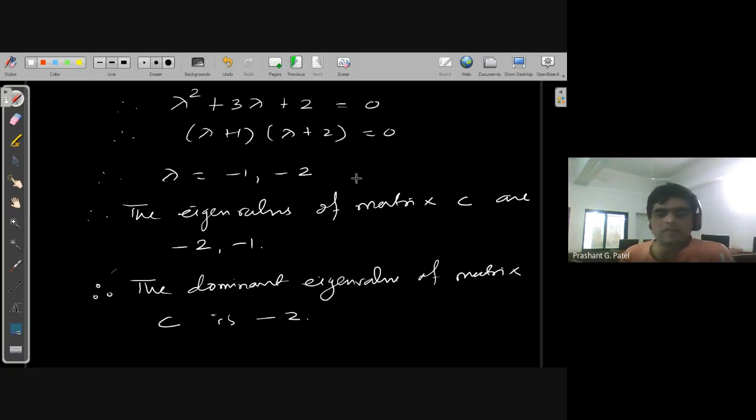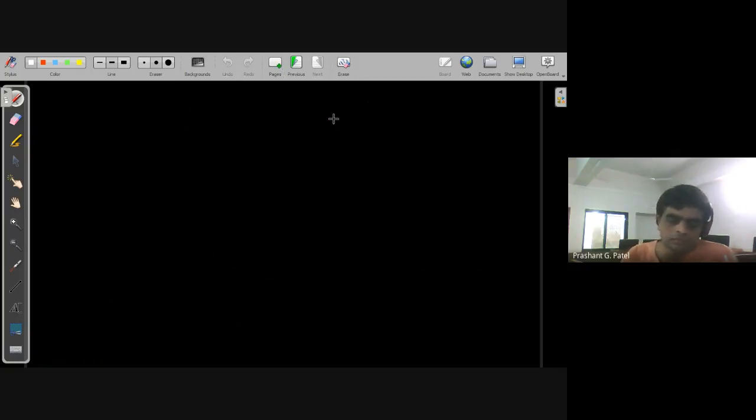Now, this is the example of how to find the dominant eigenvalue for a given problem. But our objective is to obtain the eigenvector also. As per the definition, we find the eigenvector for lambda equal to minus 2. We start with Ax equal to lambda x.